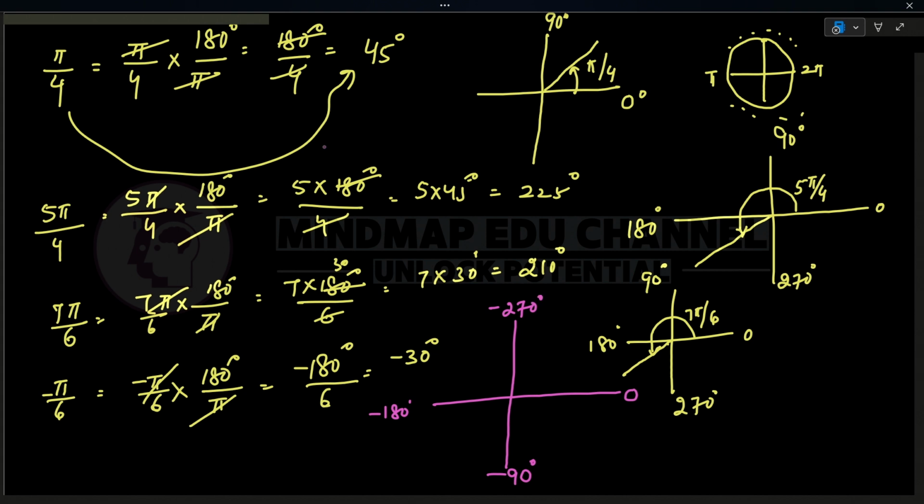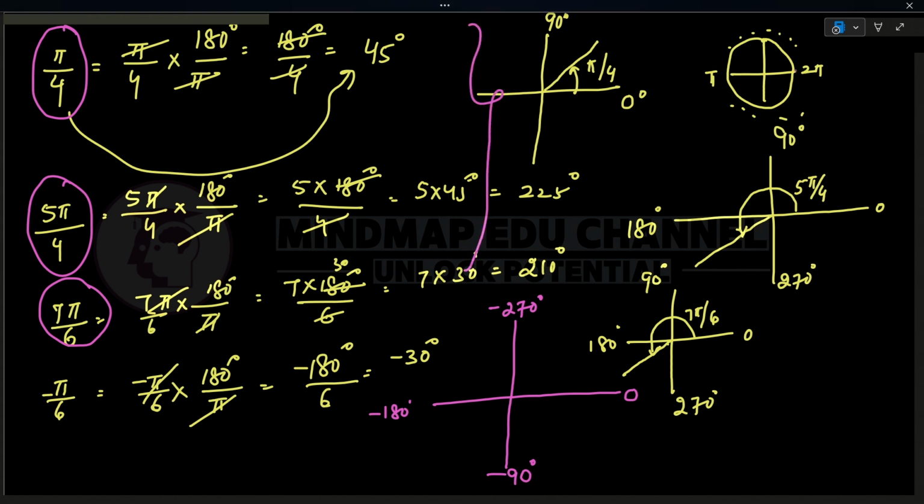So what's the change? When there is a positive angle and you have to plot it in standard position, then everywhere you will move anticlockwise. See, in this you are going anticlockwise, anticlockwise, anticlockwise.